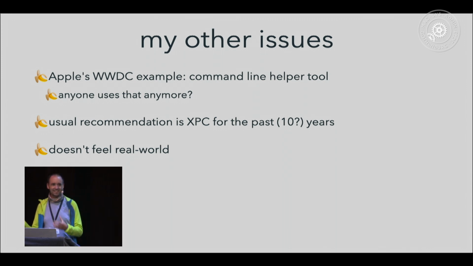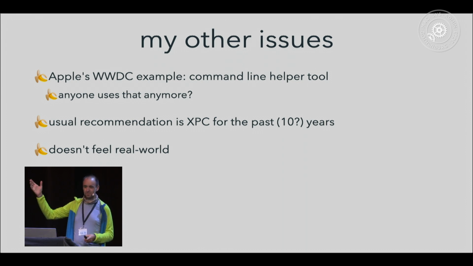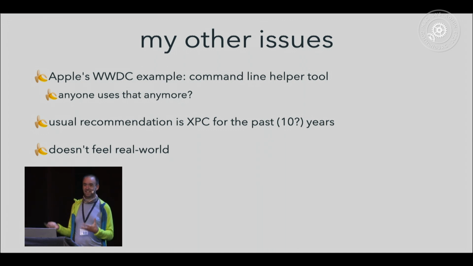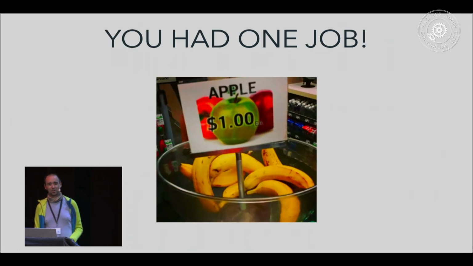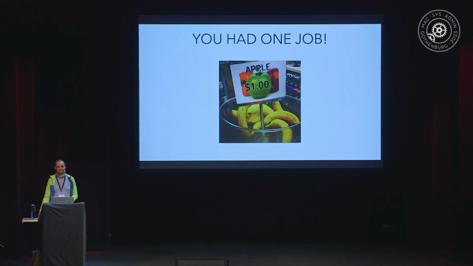Apple has advised for maybe the past 10 years that you should use XPC for everything, even for small functionality, or if you had a root daemon, you should use privileged helper tools with XPC and not command line helper tools. This doesn't feel real world at all. Please show us an example of a real XPC service, but I know you can't because it's broken.